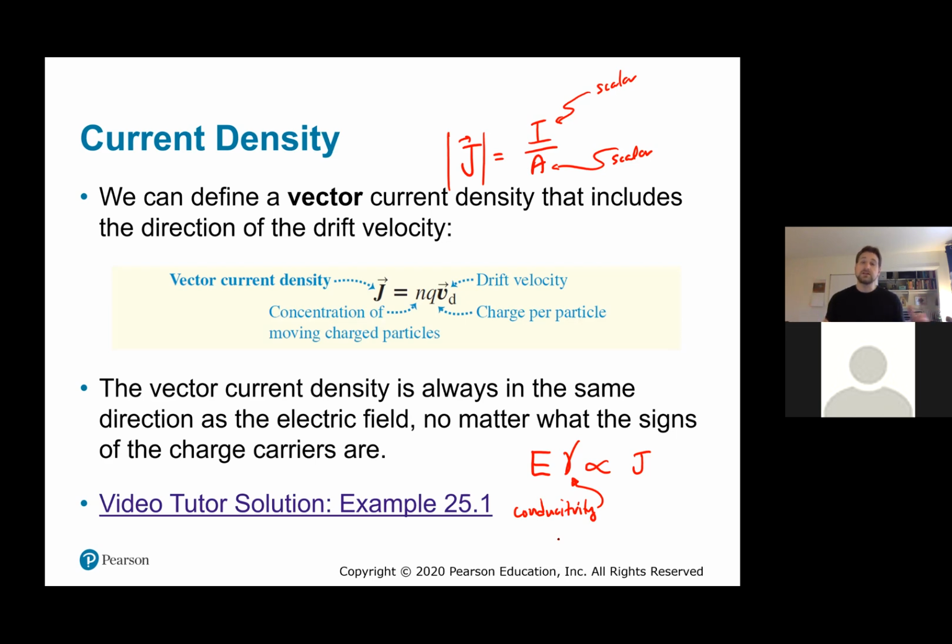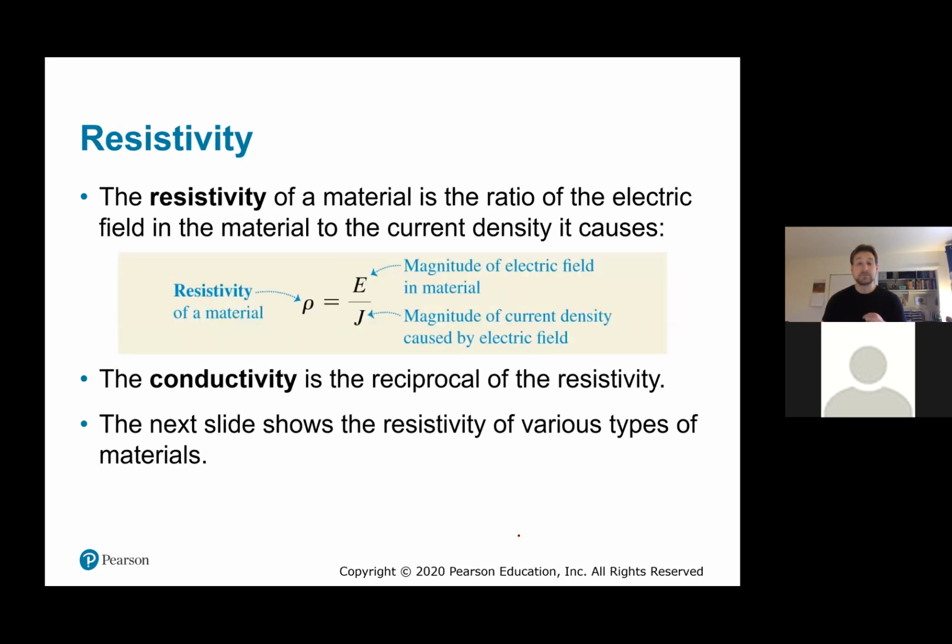We set up an electric field and we get a proportional current density response according to how good this material is at conducting charge. Said another way, it requires so and so much electric field strength to get a unit of current density according to the difficulty we have moving charge through this particular medium.